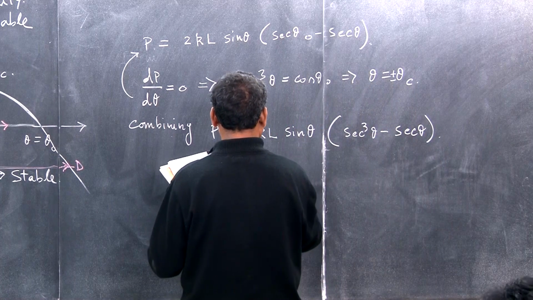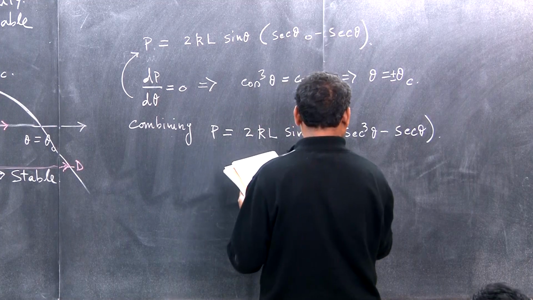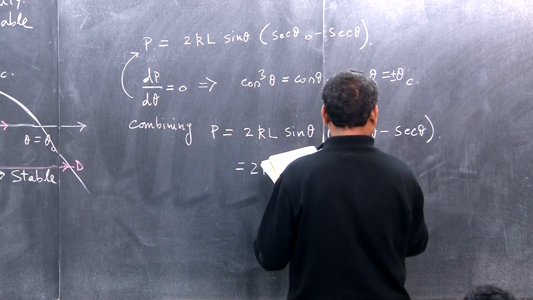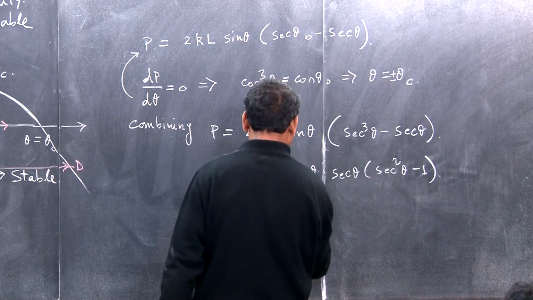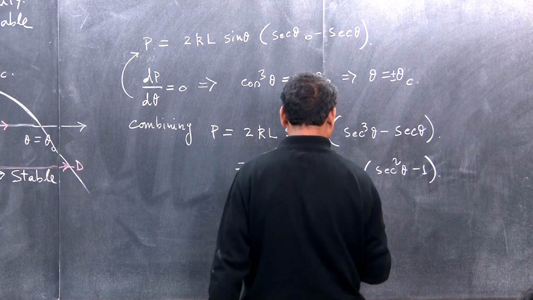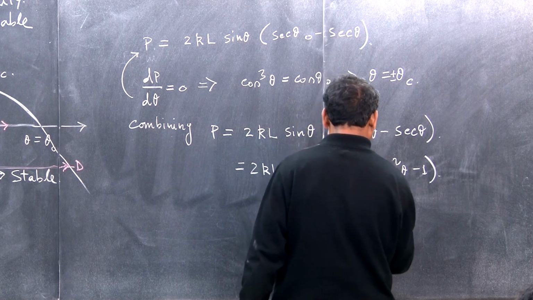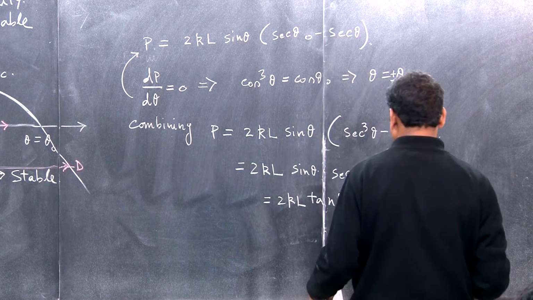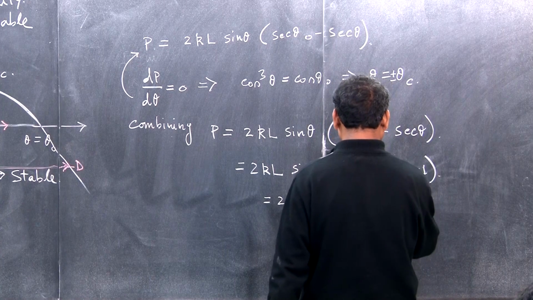So 2KL sin theta, and sec theta you just take out, sec square theta minus 1, so 2KL tan theta, tan square theta.